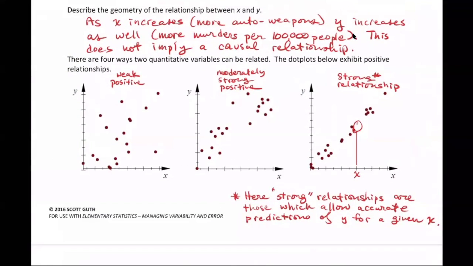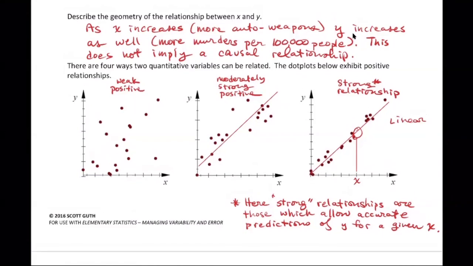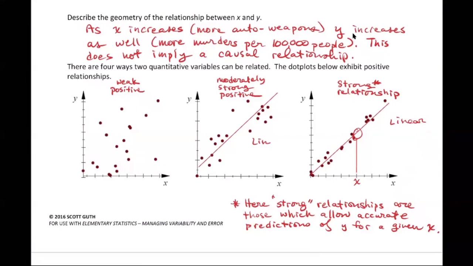So see how I'm drawing lines on all of these? Okay, these are linear. Even this first one sort of wants to be around a line, so I'm going to call that linear as well.